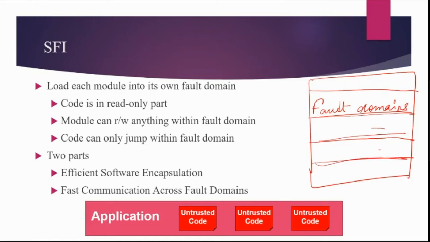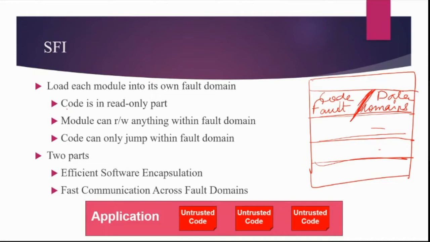Now, what is the goal? Along with the fault domain, we also divide it into a code part and a data part. To each untrusted code, one fault domain is assigned, and the code of that untrusted program is written at one place and the data part in another.